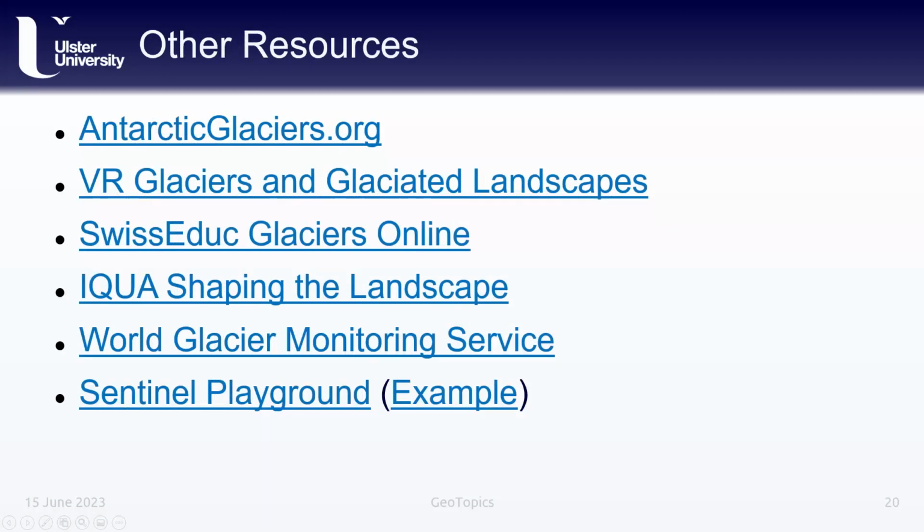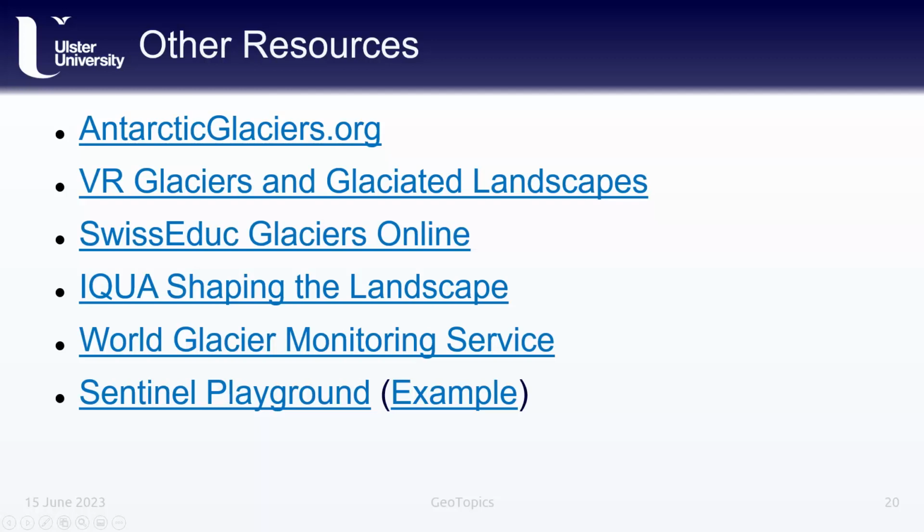I also have a bunch of other examples of different resources that you can look at. AntarcticGlaciers.org is an amazing website with all sorts of information about glaciers, ranging from the very small to ice sheet level. It has information about paleoglaciers, about glacier geomorphology. It's an astonishing resource that you should definitely take advantage of if you haven't already.